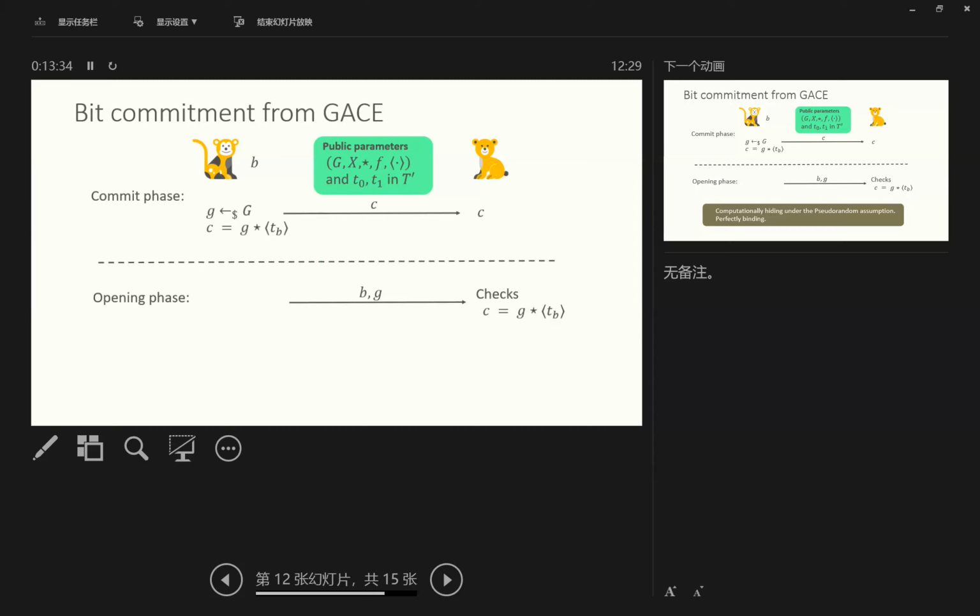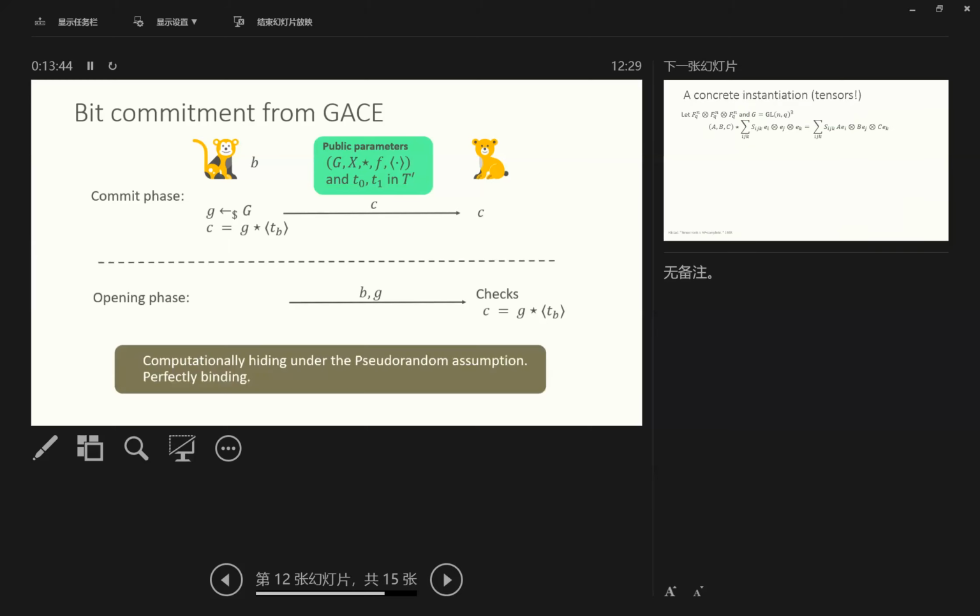In the opening, the sender sends the bit and G to the receiver, so that you can check that. We have that this commitment is computationally hiding under the previous assumption, and is perfectly binding.